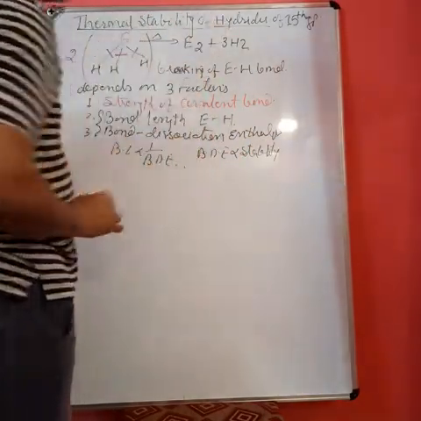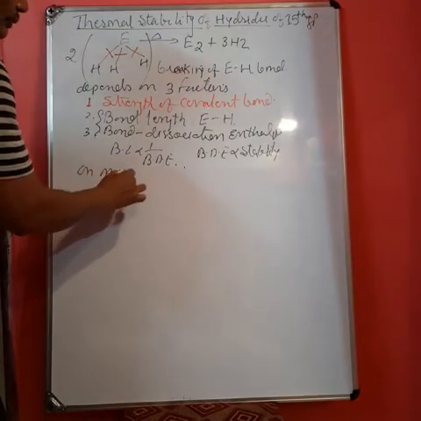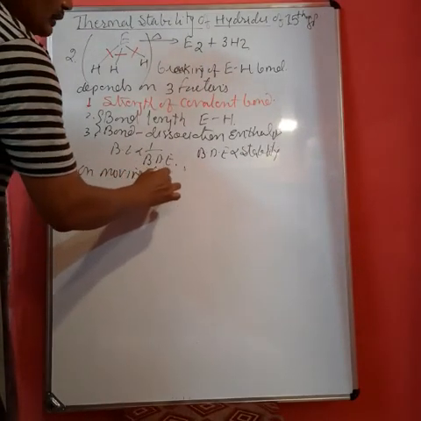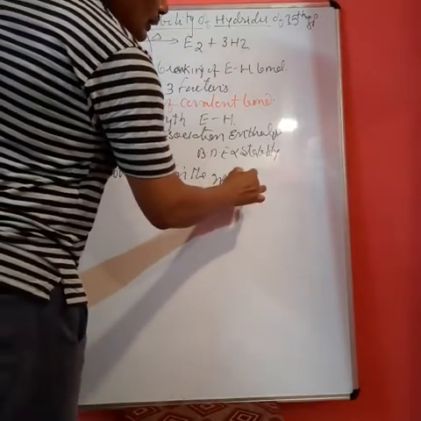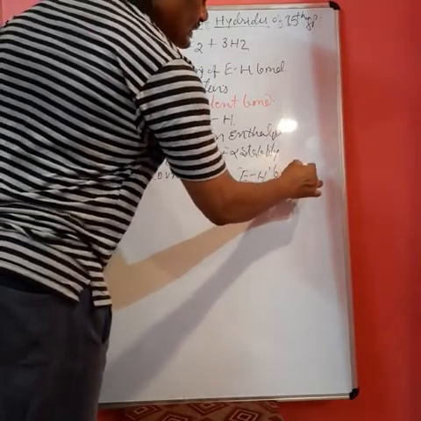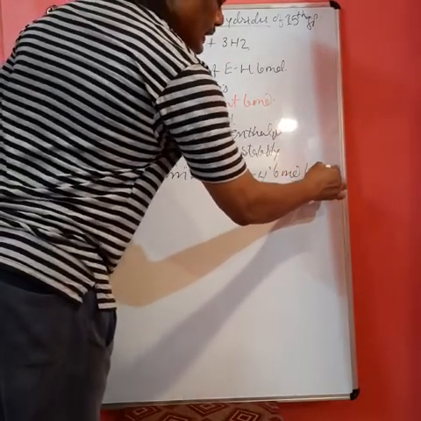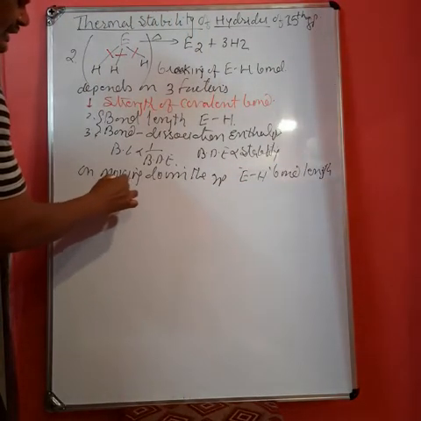On moving down the group, the E-H bond length increases. Why does it increase?